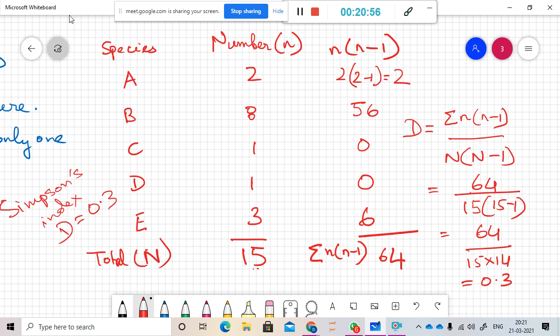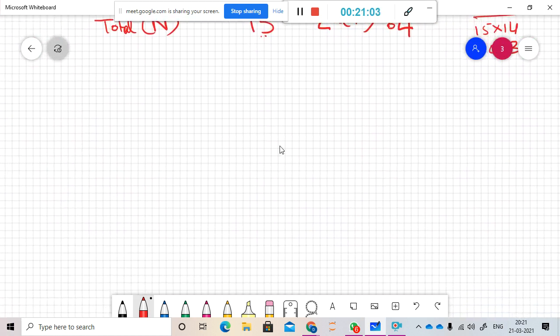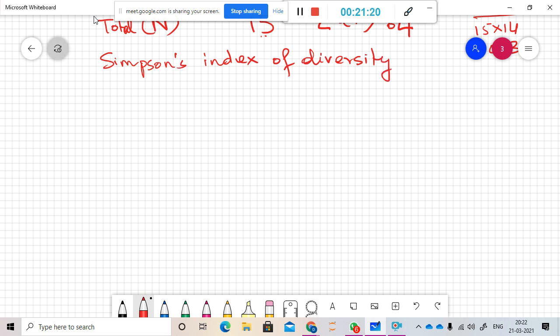This is the diversity index. Now what is the Simpsons index of diversity? It is 1 minus D, that is 1 minus 0.3, that is 0.7.